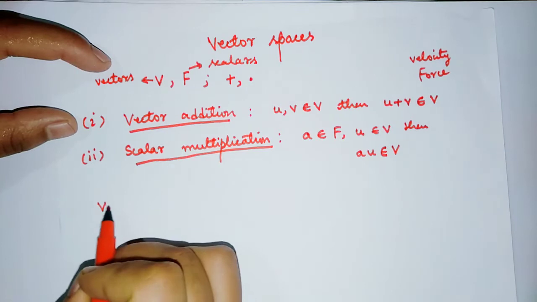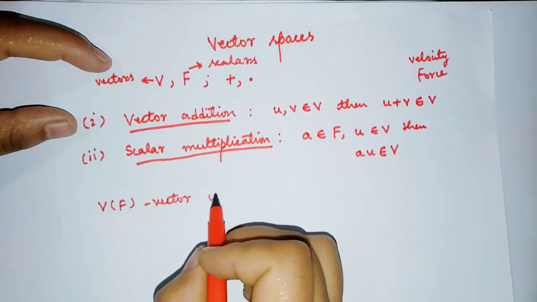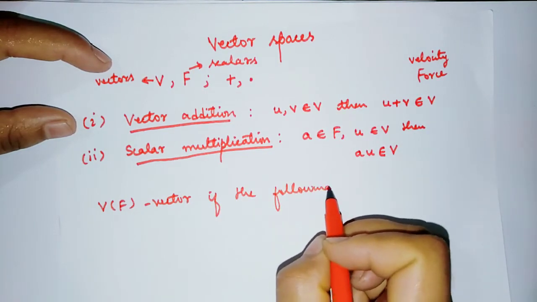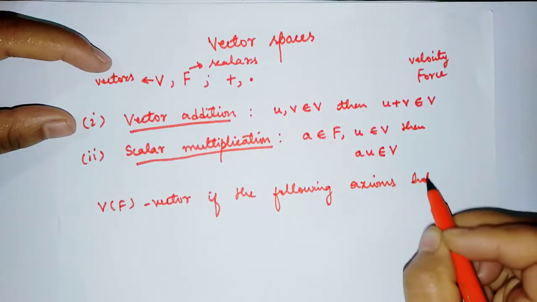V over F will be called a vector space if the following conditions or axioms hold.